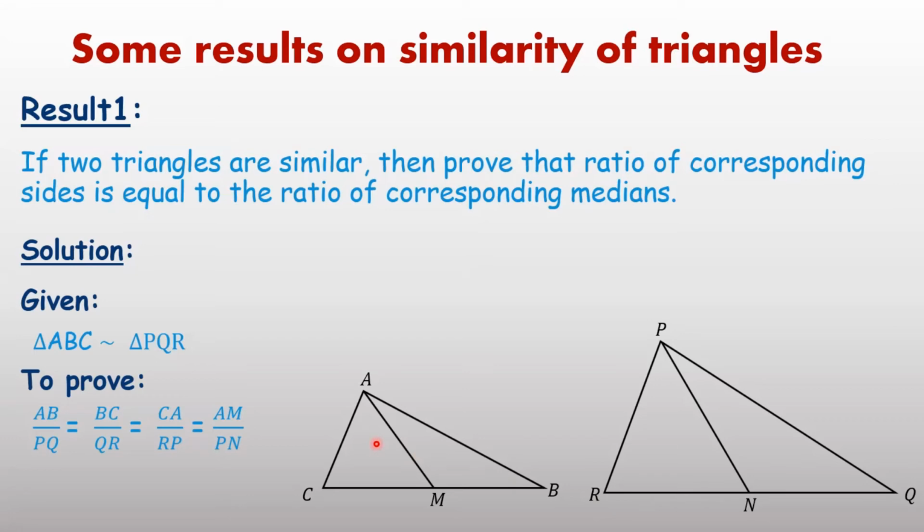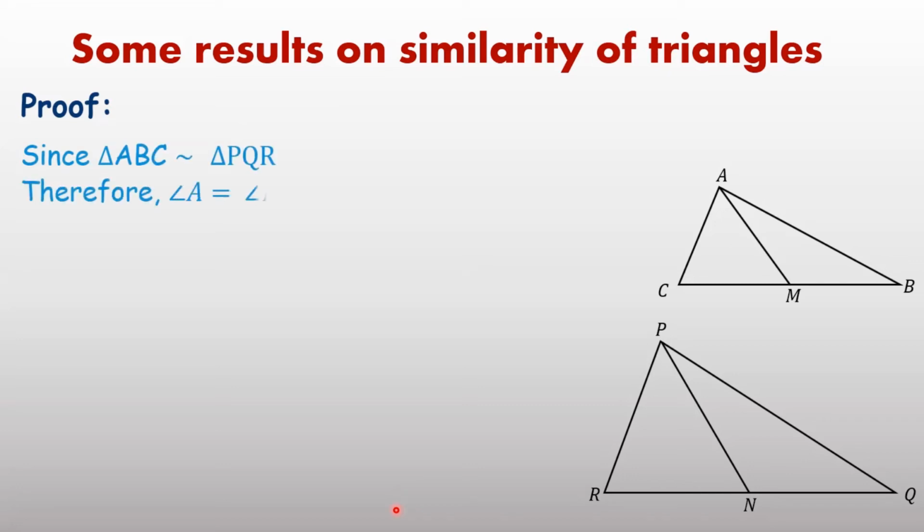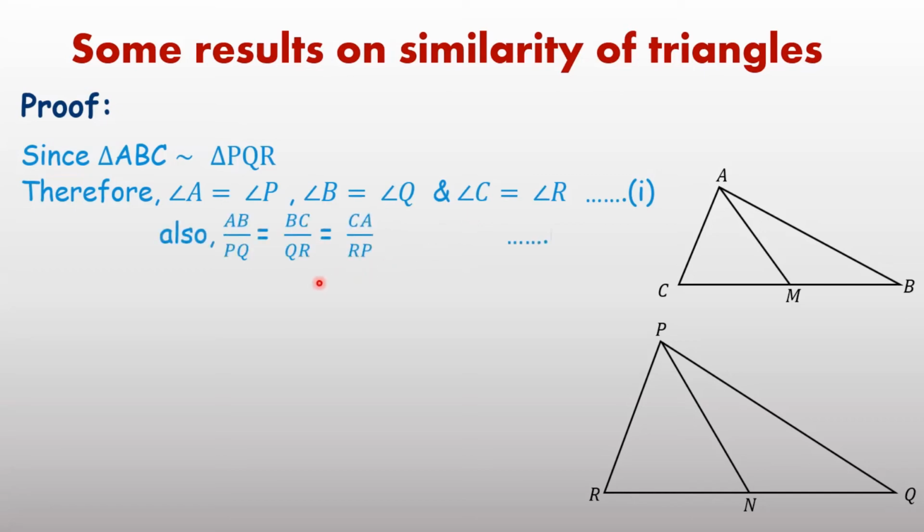If two triangles are similar, you already know corresponding sides are in the same ratio, but the ratio of sides is also the same as the ratio of medians of the triangles. Now in the proof, since ABC is similar to PQR, we can directly write that corresponding angles are equal, meaning A equals P, B equals Q and C equals R, and also the ratios of corresponding sides are equal.